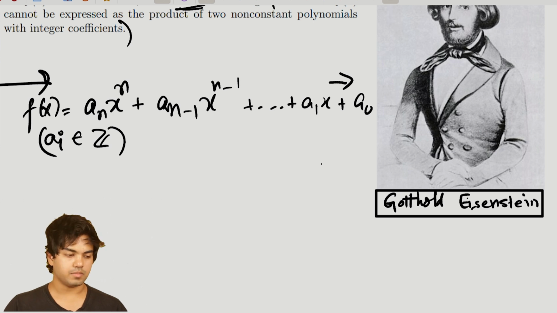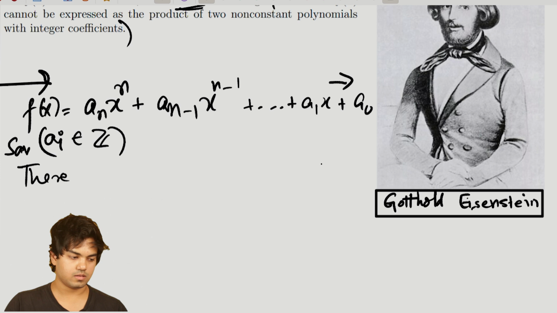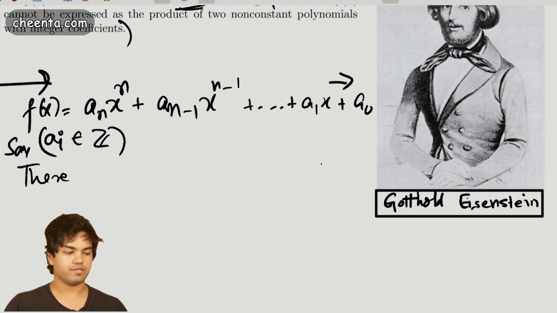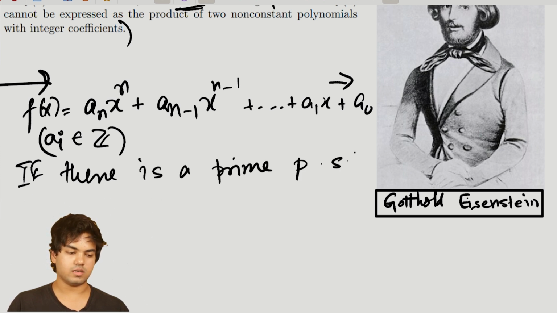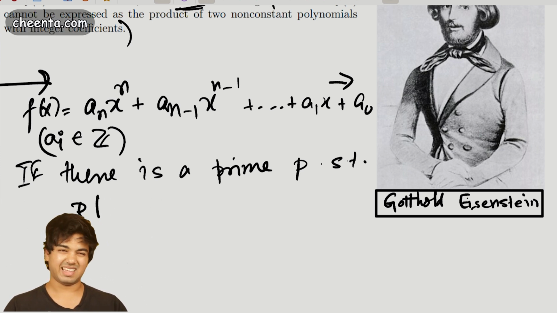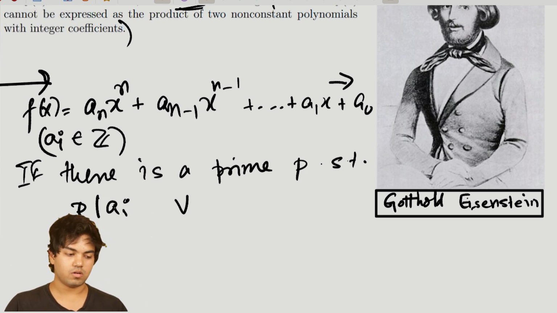Then, if it so happens that there is a prime p such that p divides every single coefficient of f except the leading coefficient, ai, for all i between 0 and n minus 1.